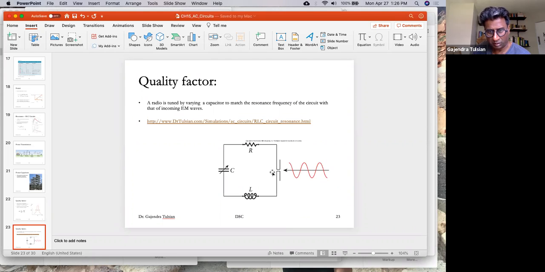When the frequency of your circuit matches the signal you're trying to catch, this signal will set up large amplitude currents. Other signals whose frequencies do not match the frequency of your circuit will have low currents in this circuit. So that's how you tune your circuit.